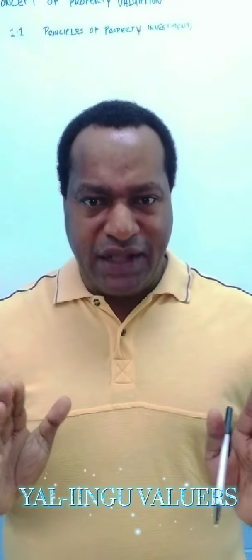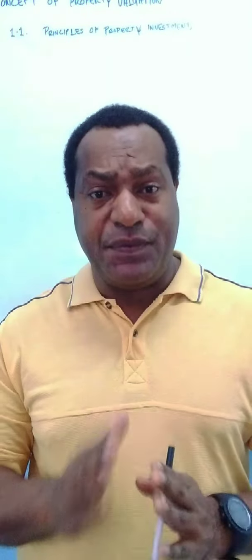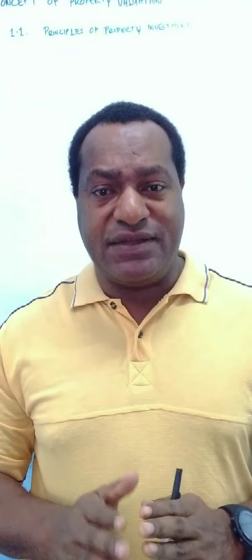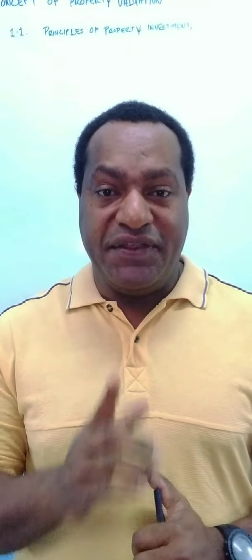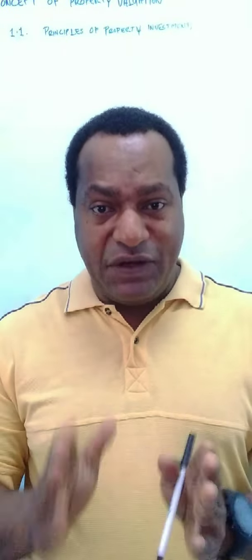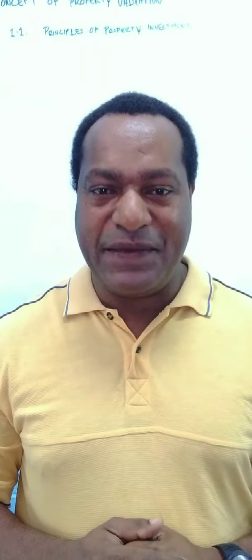So what would you expect to find on the valuation report, especially the ones that we are using, the Yelling Valuers? The first thing you will see on the property valuation report is the cover page. So what is found on the cover page of the report?